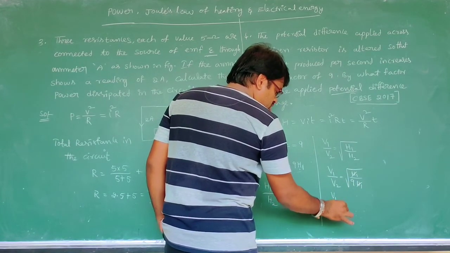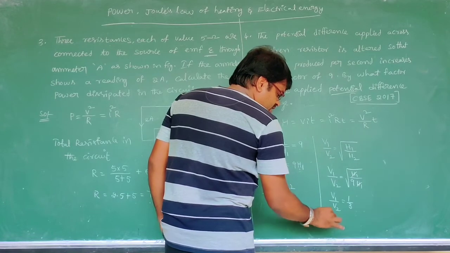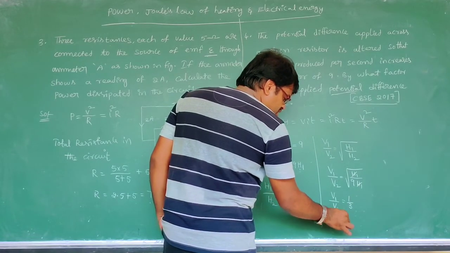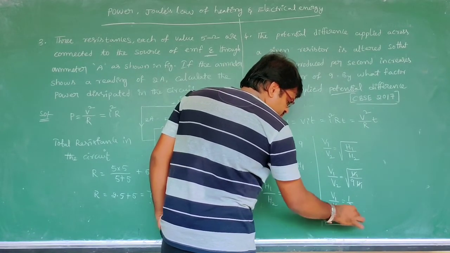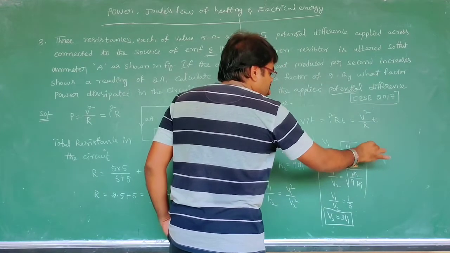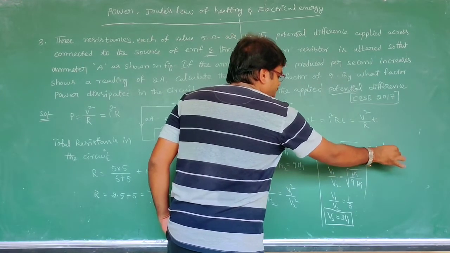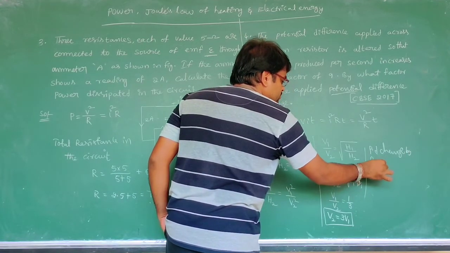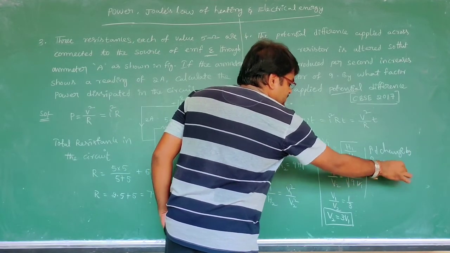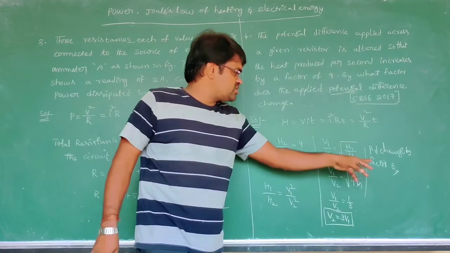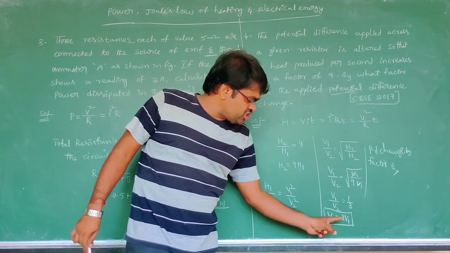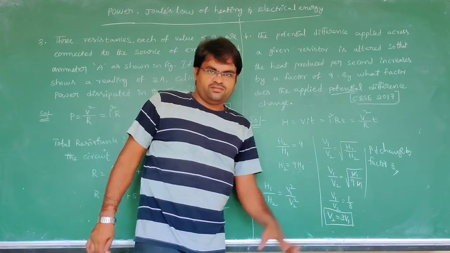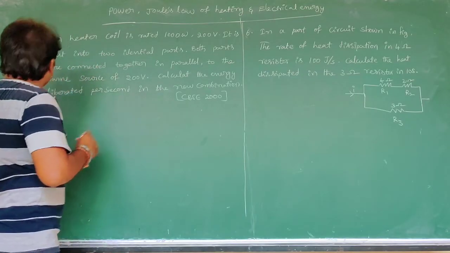V1 by V2 is equal to 1 by 3. That means V2 is equal to 3V1. That means the potential difference changes by a factor of 3. V2 changes to 3V1. Now we are going to the fifth one.